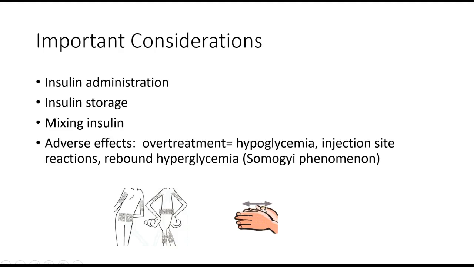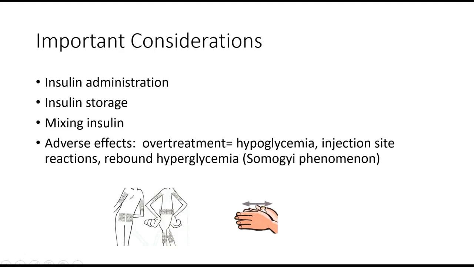And then for adverse effects with all insulin, you're worried about hypoglycemia if there's too much insulin given. And so we're looking for those signs of hypoglycemia: weakness, cold, clammy skin, shaking, hunger, mood changes, dizziness. If you suspect hypoglycemia, you always want to check the blood sugar and see where the patient is at. We consider hypoglycemia anything around 60 milligrams per deciliter or less.